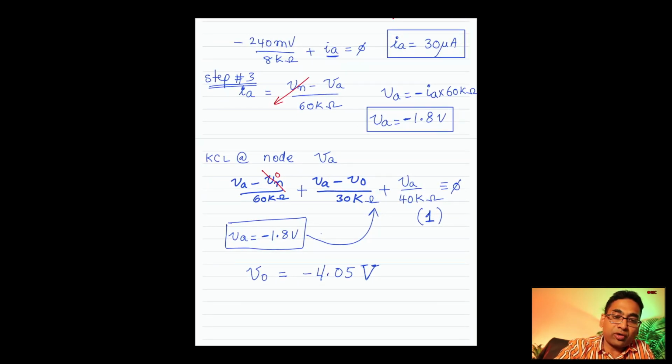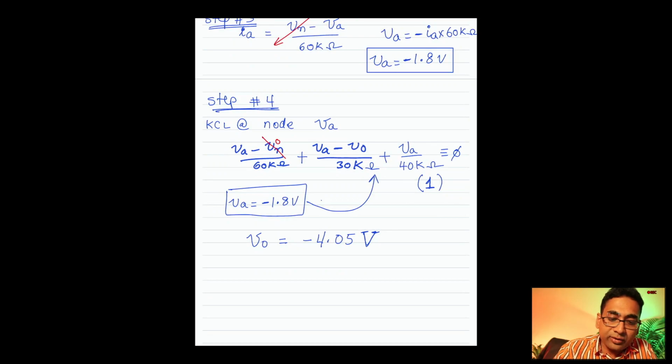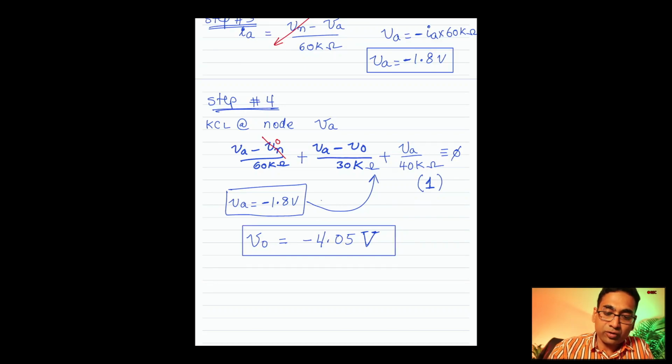Now step 4 is applying KCL at node VA. Okay, so let's see KCL. This is step number 4. Then we know the value of VA. We know Vn is 0. Therefore, we should be able to calculate VO to be negative 4.05 volts.